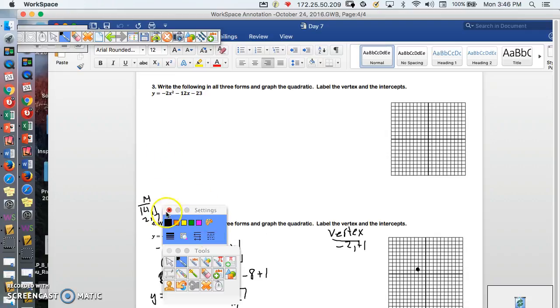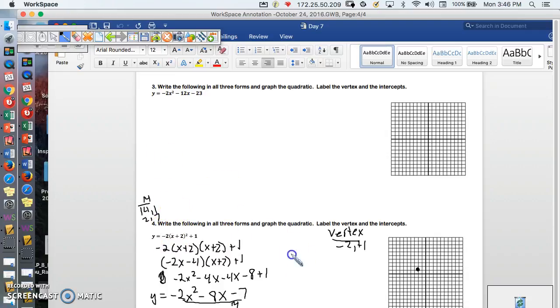Well, that doesn't happen. So to find our intercepts, we'd have to use the quadratic formula. But we could find our vertex and our y-intercept. That would be pretty easy to do. So if we plug in 0, we end up at negative 7.